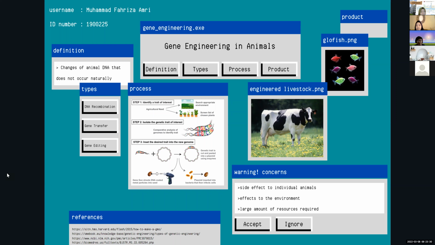Also, Fahriza explained the process, and lastly the examples. And finally, that we have to be careful, because of course it has side effects, whether to the individual animal or the environment. So I think that's all for this session.